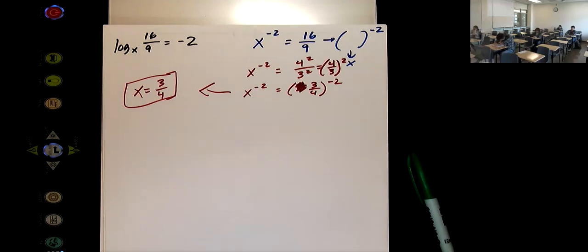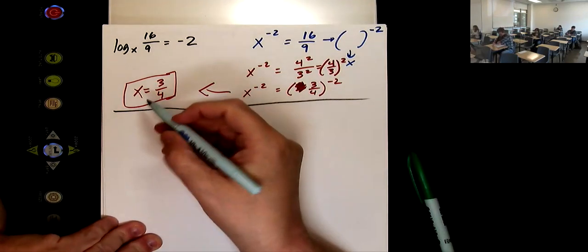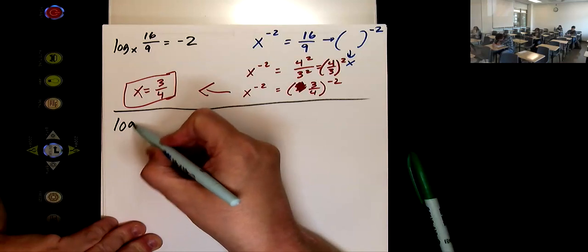And that x could be in any of the spots. Very rarely is it the right side, but sometimes it is. Let's look at another form we'll see. Maybe the x is the argument.